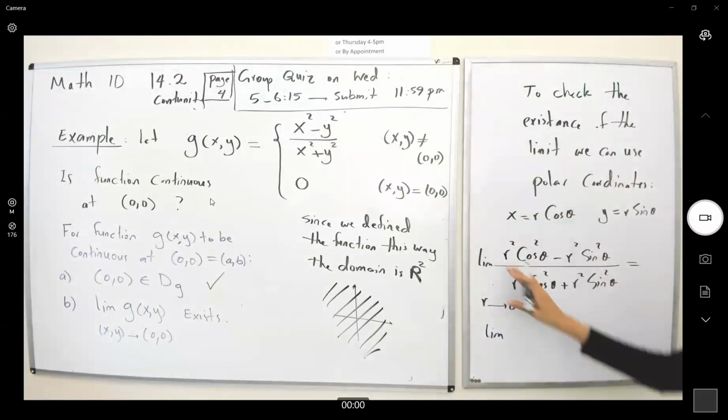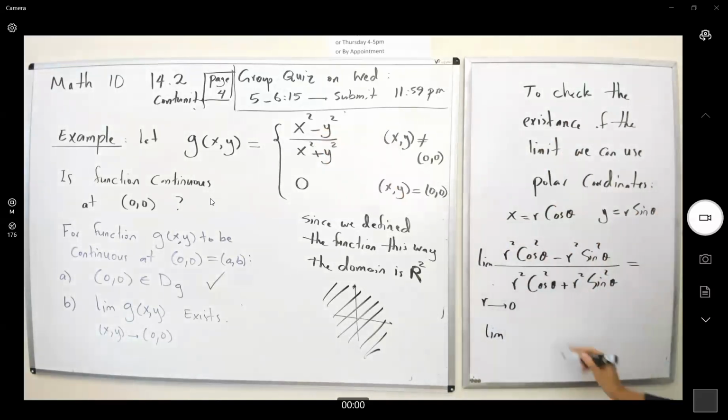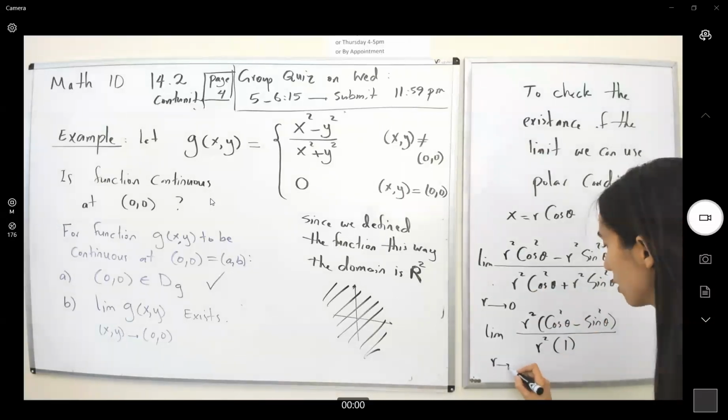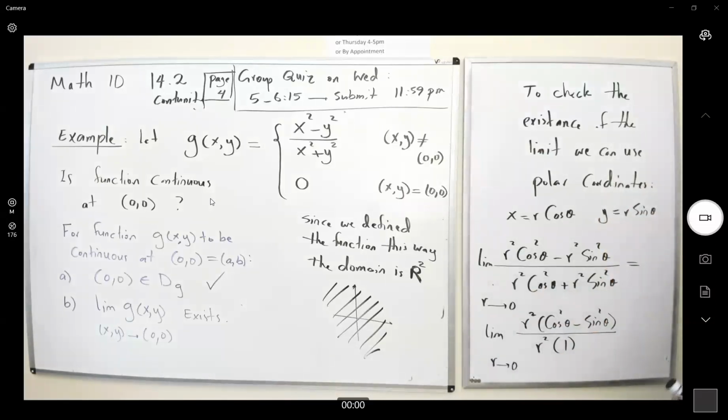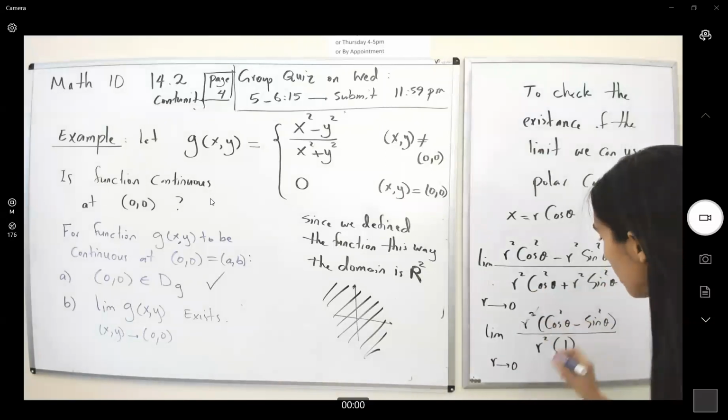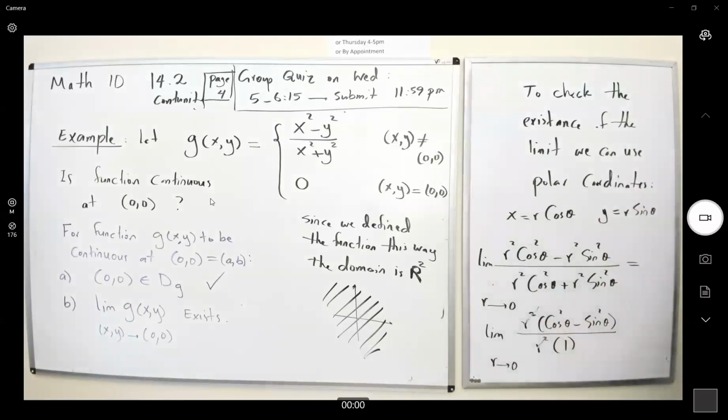Let us simplify this, and in the numerator you can factor out r squared. So we get r squared times cosine squared theta minus sine squared theta divided by, let us factor out r squared, r squared times 1. And your r goes to 0. Before sending r to 0, we can cancel out r squared and r squared.